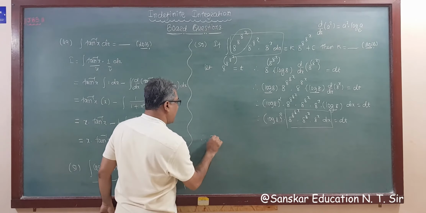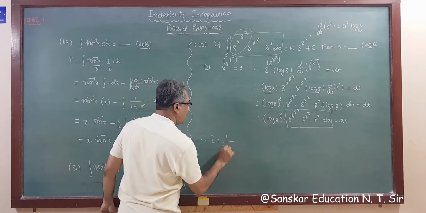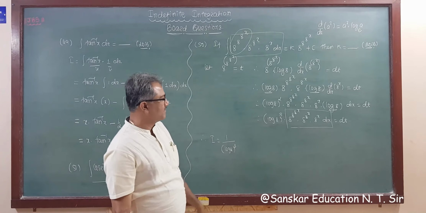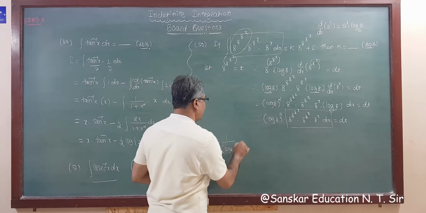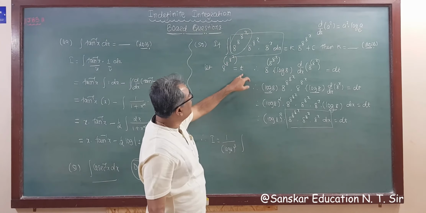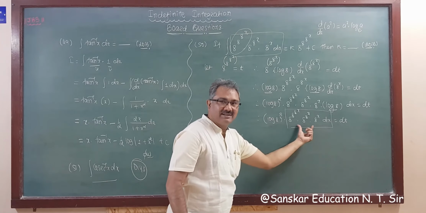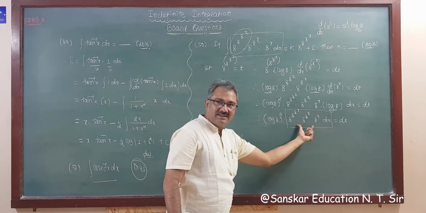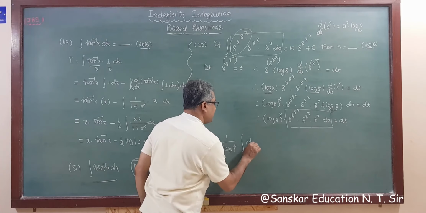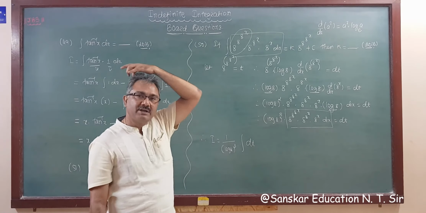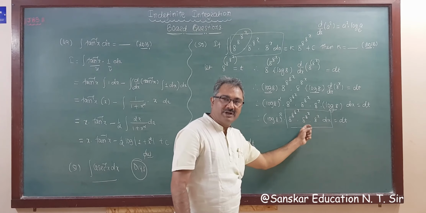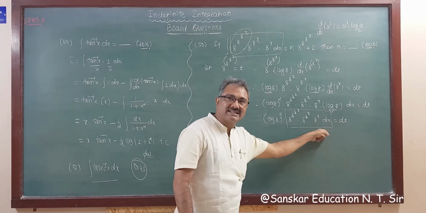So what is your I? I will be 1 upon log 8 whole cube dt upon this. So I'm writing this first, and everything here is dt, so I'm writing dt here. Got it? This whole thing, 8 raised to 8 raised to x into 8 raised to x into 8 raised to x dx is equal to dt.